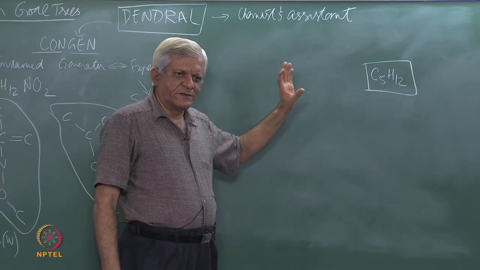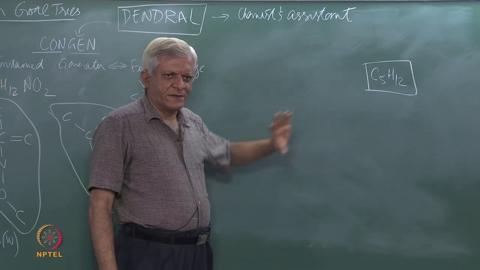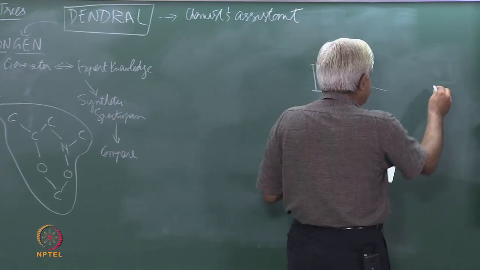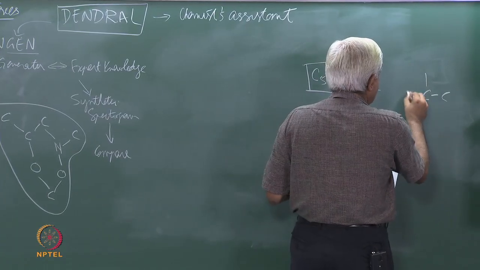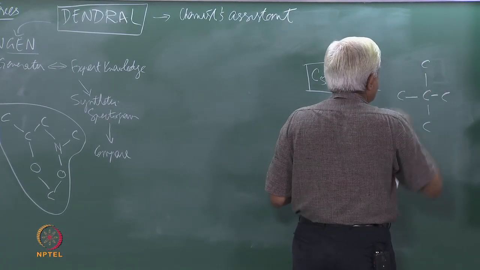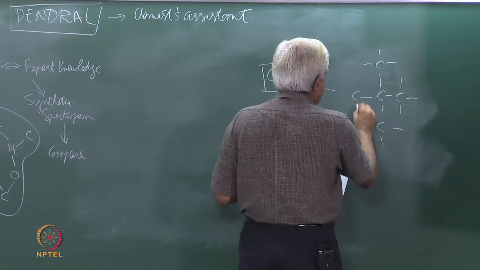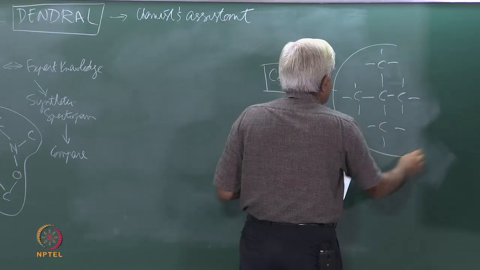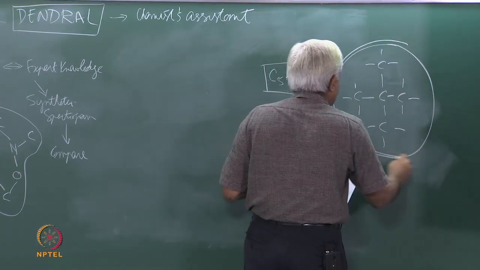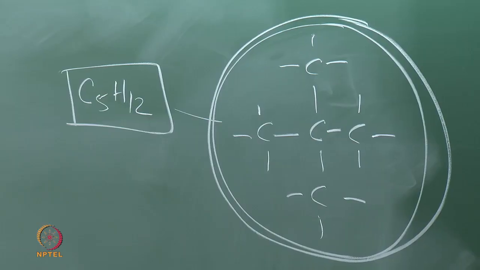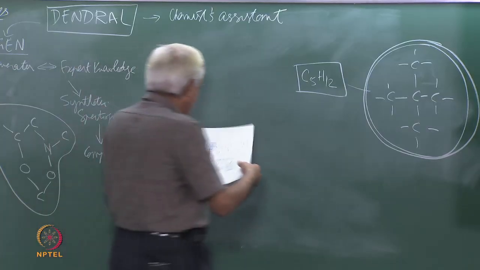A solved node is where the structure is entirely given to you. So, for example, it could be like this C C C C C, and then the hydrogen atoms. So, this would be a solved node, as a simple way of organizing these 5 carbon atoms and 12 hydrogen atoms, but there could be other options.